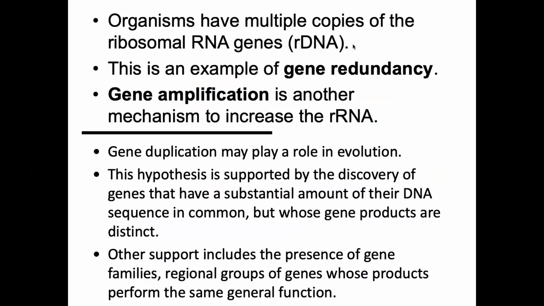Well, you need lots of ribosomal RNA genes to construct those large numbers of ribosomes, therefore making you more efficient at protein synthesis and making you more efficient at maintaining an individual cell in a living state. So again, over long periods of time, with the application of various types of evolutionary pressures and forces, you can create more complex life forms due to the greater efficiency of protein synthesis.